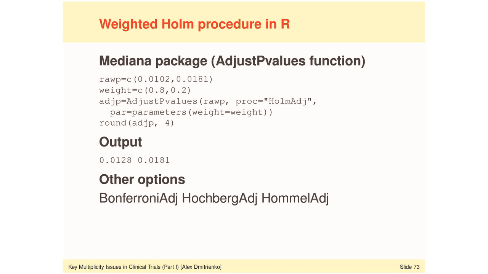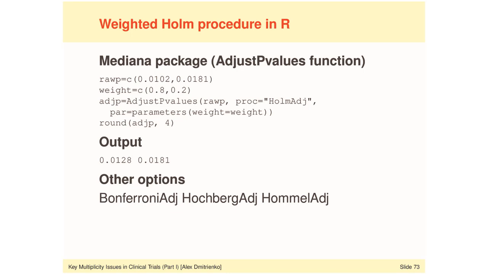I would like to very quickly reiterate that the Mediana package supports a large number of popular multiple testing procedures. For example, adjusted p-values based on the Bonferroni, Hochberg, or Hommel procedures can be easily computed. All you have to do is to replace the function that implements the Holm procedure, which is HolmAdjust, with an appropriate function such as BonferroniAdjust or any other that you see at the bottom of the slide.